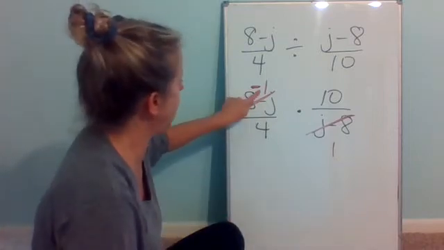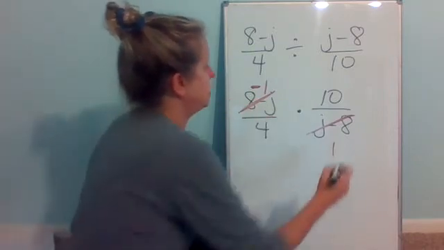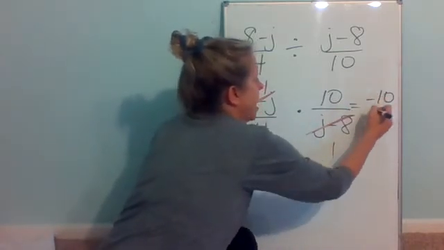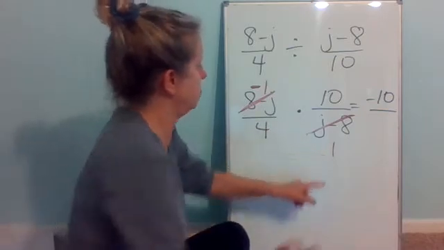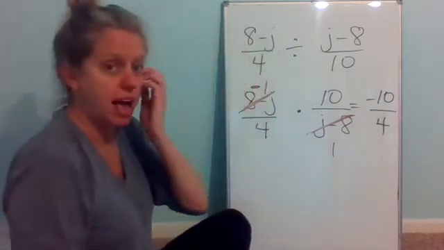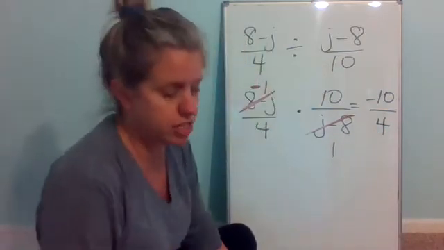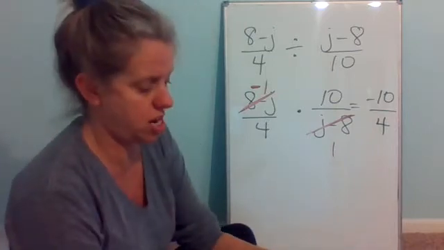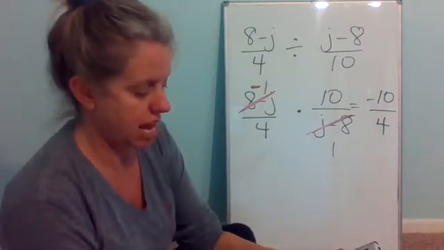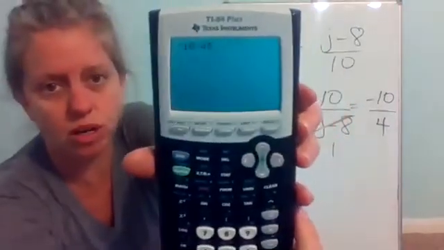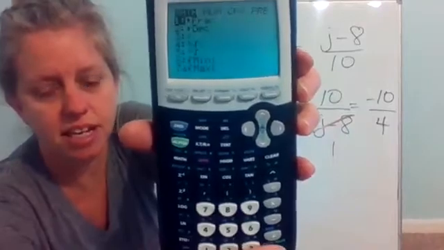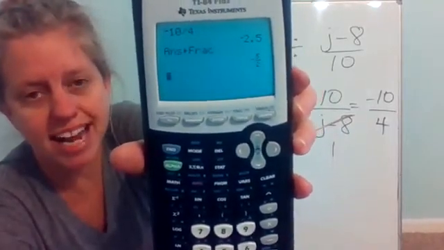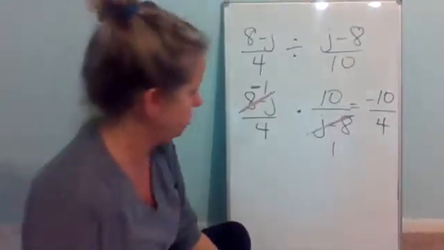So when I multiply, I have -1 times 10, which gives me -10, over 4 times 1, which is 4. And then that is what you are going to math enter in your calculator. So -10 divided by 4. There's your decimal math. Enter it to get -5 over 2.